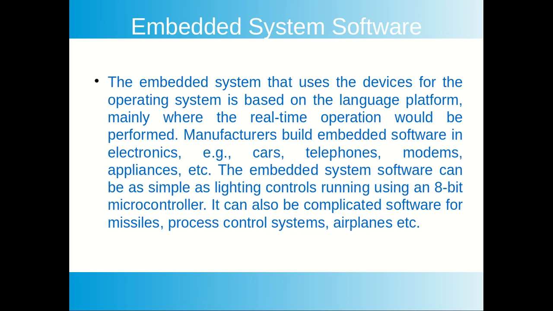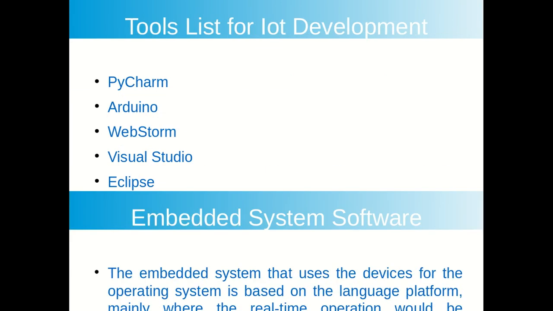For example, your microwave. The program for your microwave is specifically designed for that particular unit. It cannot be used in other software. For example, your OS can be used on many computers, but the program for your microwave can only be used on that particular device.